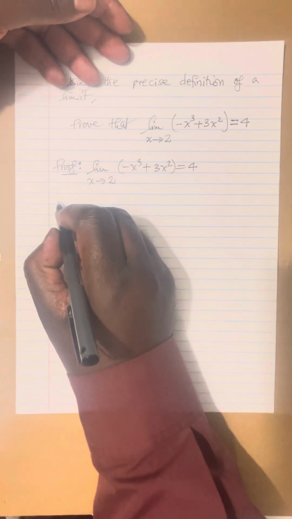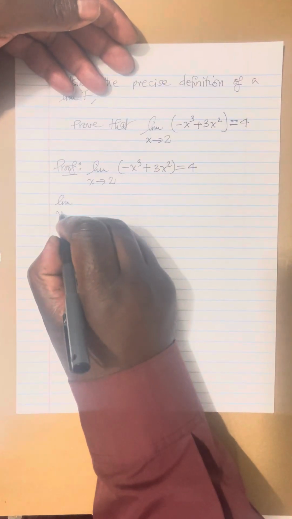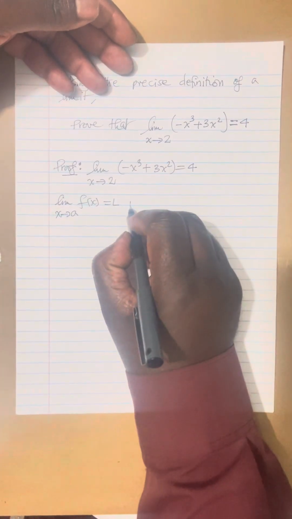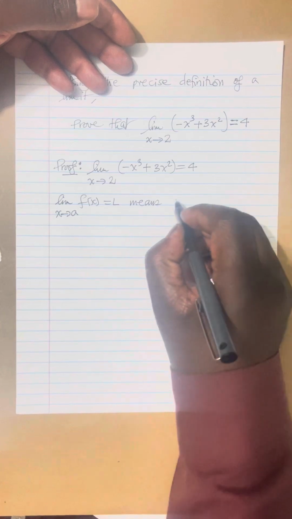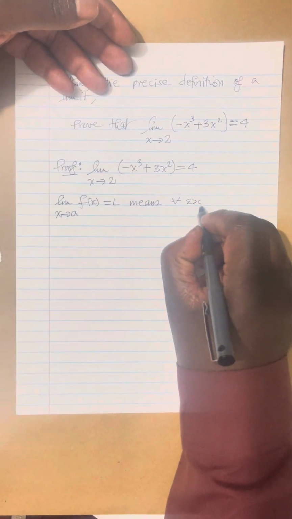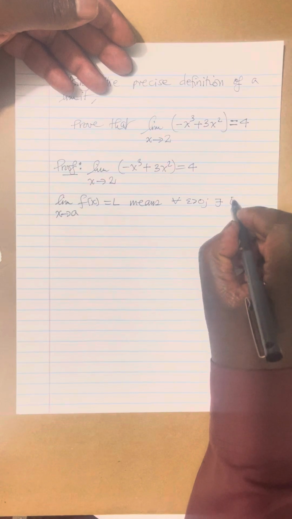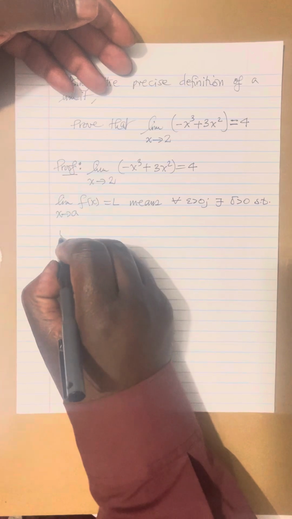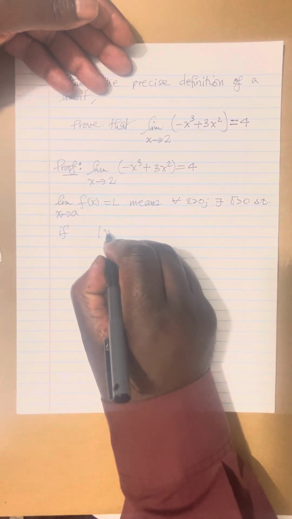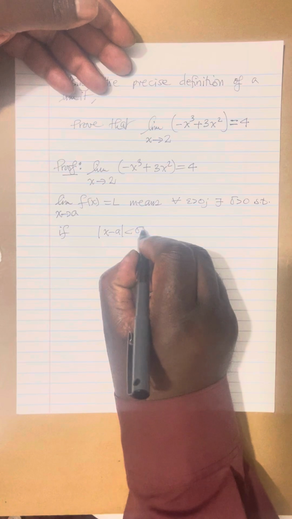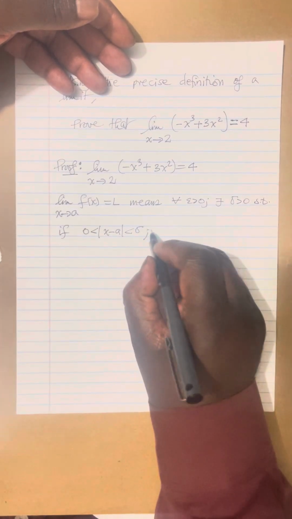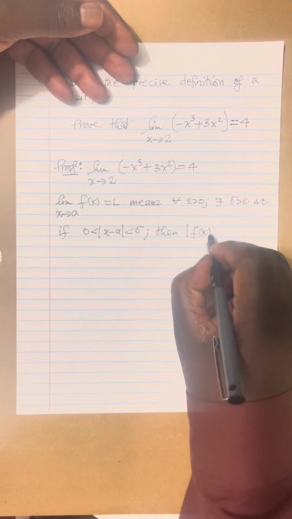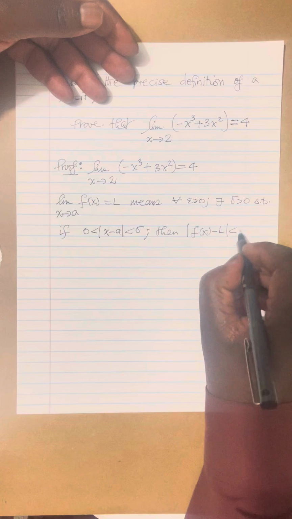Then it says, if the limit as x approaches a of f of x is equal to L, it means for all or every epsilon greater than 0, there exists a delta greater than 0 such that if the absolute value of x minus a is less than delta but greater than 0, then the absolute value of the function, which is f of x minus the limit, must be less than epsilon.